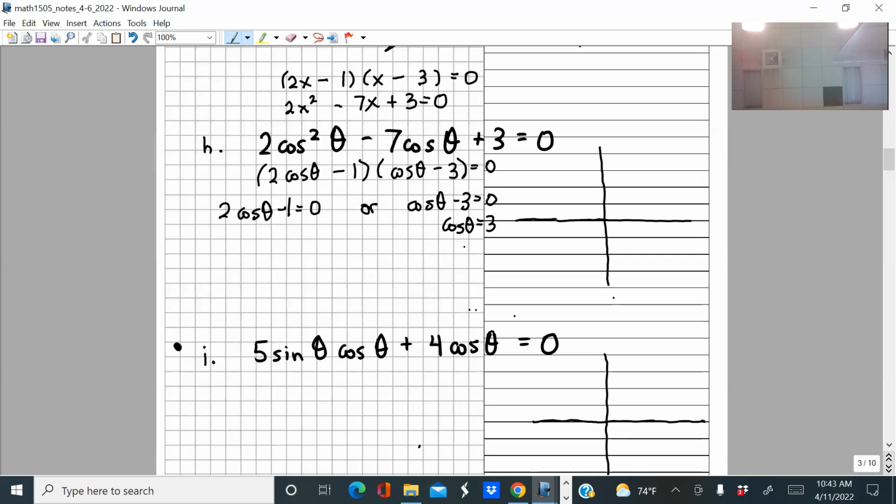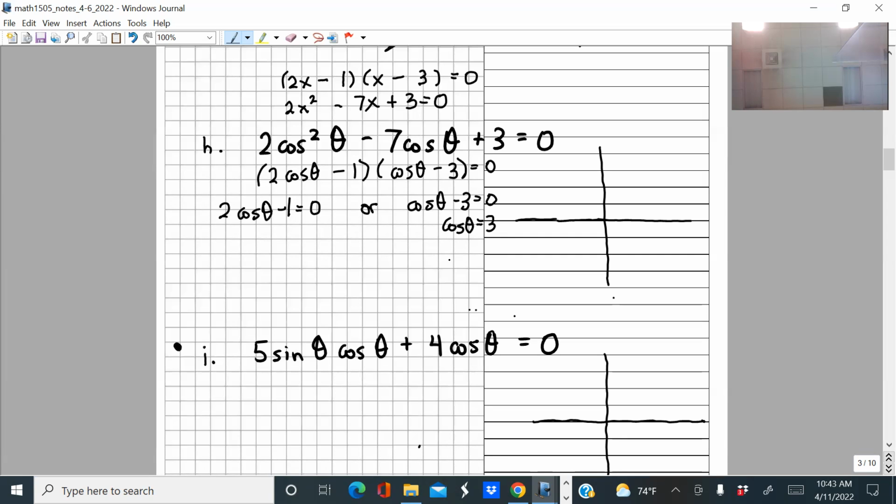You can have negative cosines, but what's the smallest number you can get as a cosine? Negative 1. Yeah. So cosine always fluctuates between negative 1 and 1, but it never gets to 3. So what's the solution to this equation? Undefined. There are no solutions to this equation.